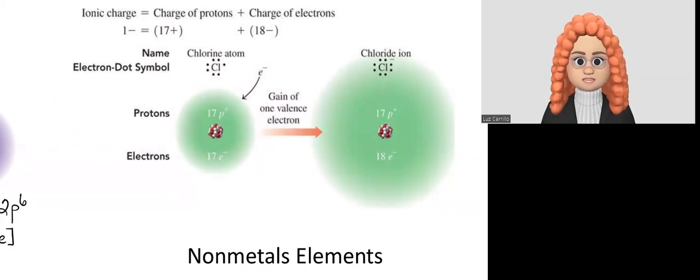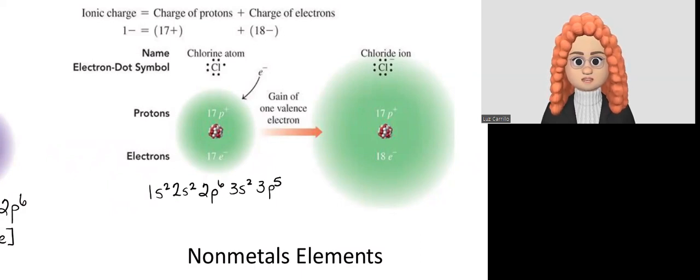Those 17 electrons live specifically in 1s2, 2s2, 2p6, 3s2, 3p5. So overall, chlorine is going to be willing to gain a valence electron.